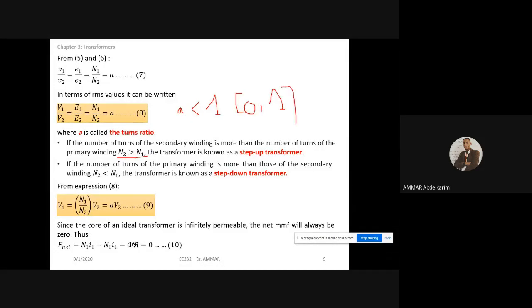This is the first case. The transformer is a step up.